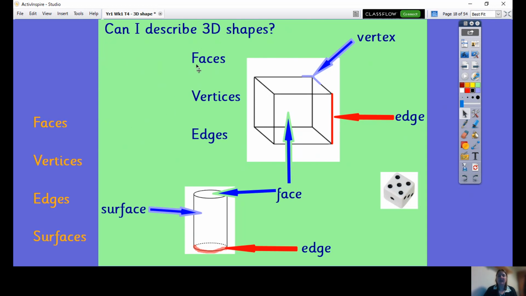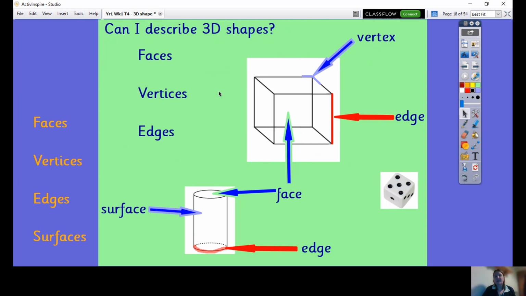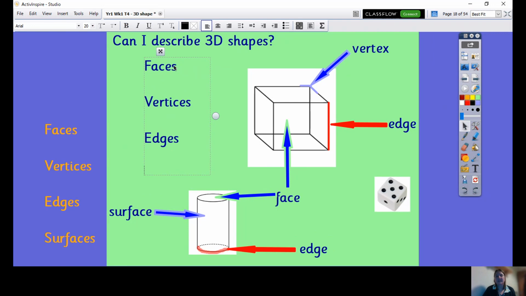But just to have a little go here, we're going to have a little think to ourselves. If I was describing this cube, I would say, how many faces has it got? Now I would think about a die, when you're playing a game, and it's got numbers on it. How many numbers has it got on it? 6. So that tells us that a cube has 6 faces.